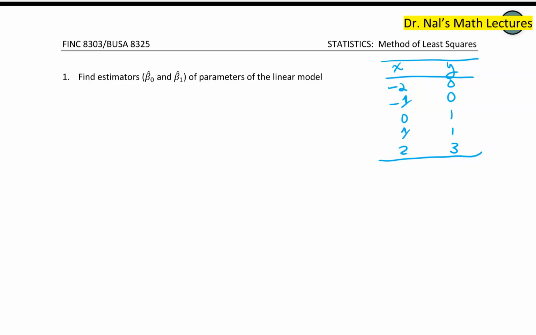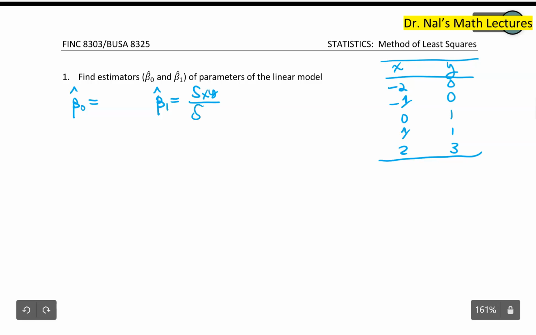So again, our goal is to find the estimators beta 0 hat and beta 1 hat, right? And I already gave you the formulas in the previous video. In the previous step page, I should say. SXY divided by SXX. And beta 0 hat was even easier.